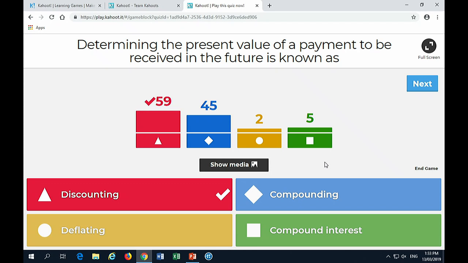When you go back in time, so if this is future value, you're trying to find what is the present value of this $110. And with the concept of time value of money, we know that the same amount of money is worth more today than it is worth in the future.